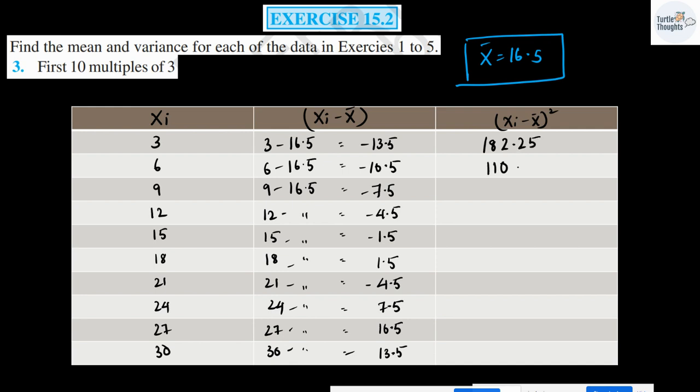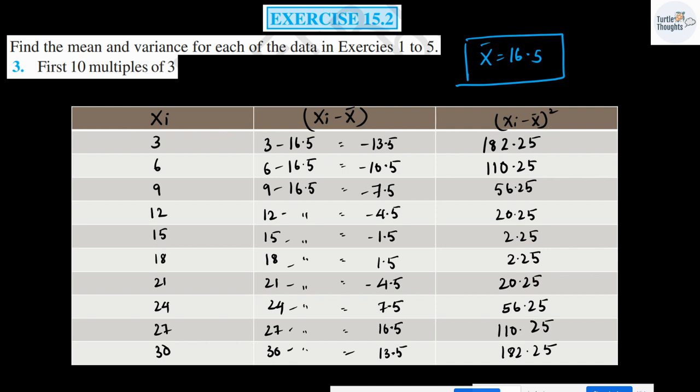Next, I will be getting 110.25, 56.25, 20.25, 2.25, 0.25, 0.25, 2.25, 20.25, 56.25, 110.25, 182.25.